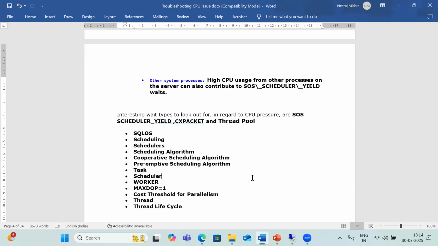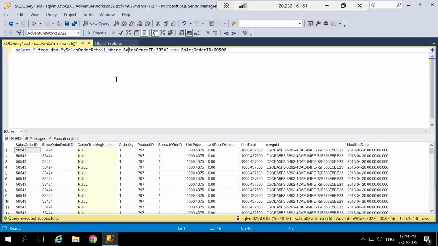The issue related to the thread pool is starvation. I will also talk about that. So let's start with the very basic things here.